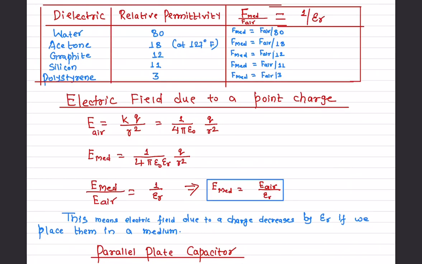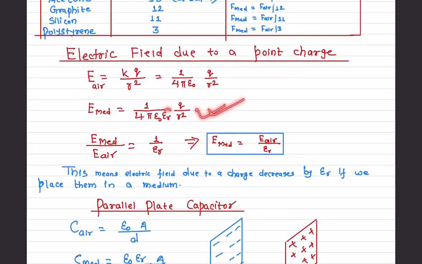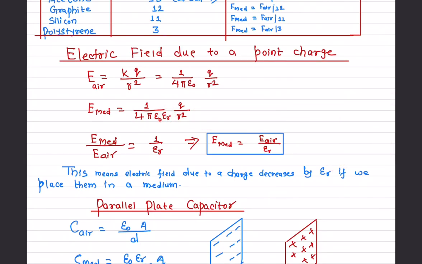All right. Now let's also talk about how it changes the electric field. We know that due to a point charge, this is the electric field: 1 over 4 pi epsilon naught, q over r squared. And now in a medium, we add another term, epsilon r. This epsilon r is the relative permittivity, or we also call it the dielectric constant, it is the same thing.